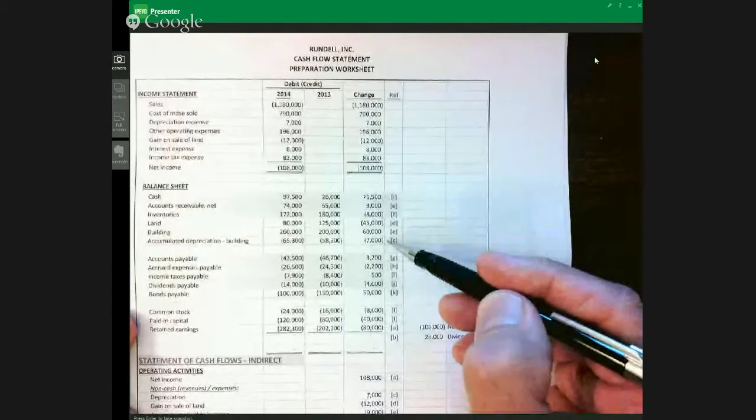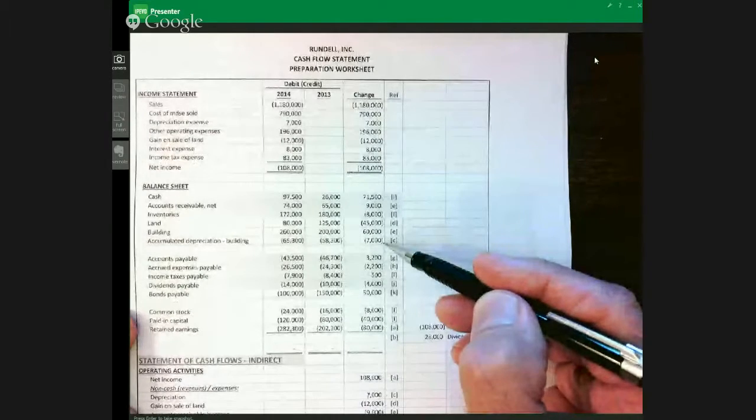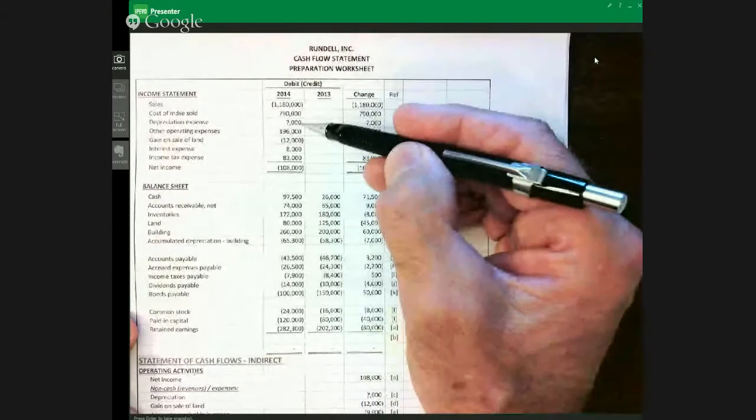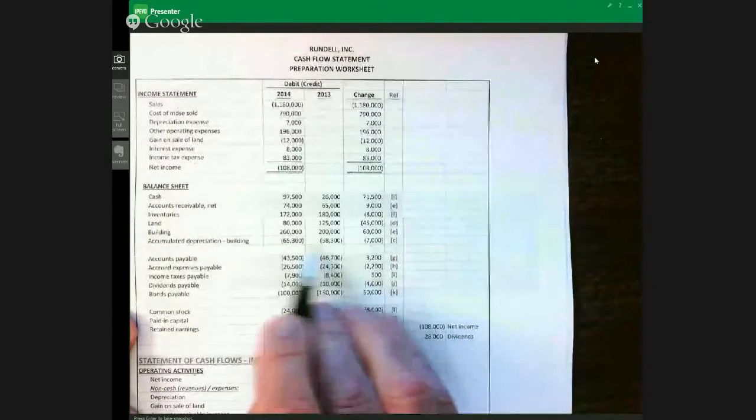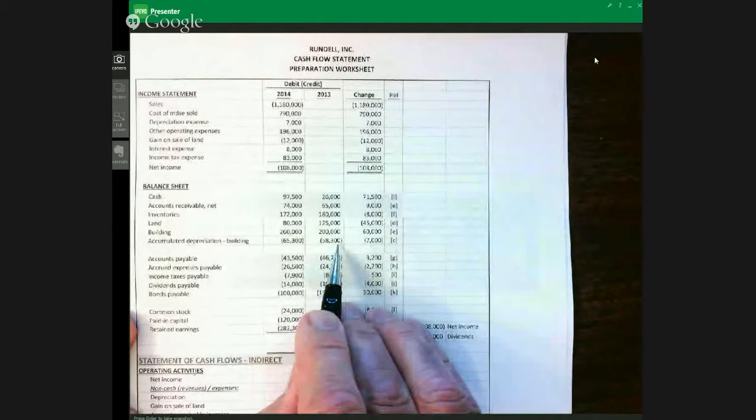Accumulated depreciation comes about because of depreciation expense on the income statement. Accumulated depreciation is an offset against the asset, so a credit to accumulated depreciation would be the equivalent of crediting an asset.